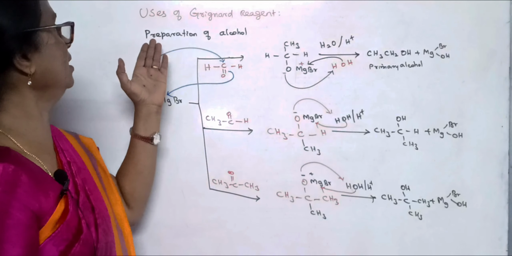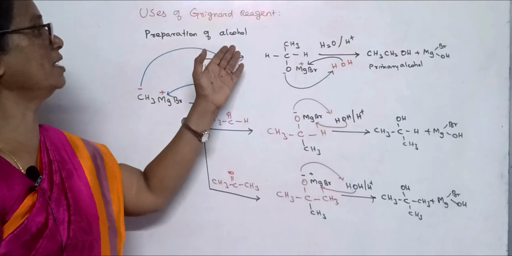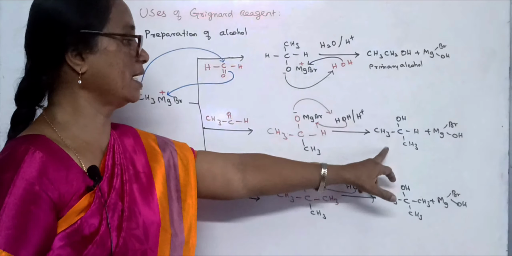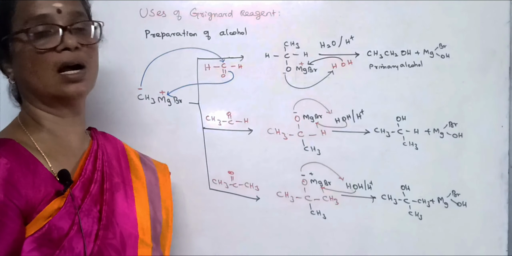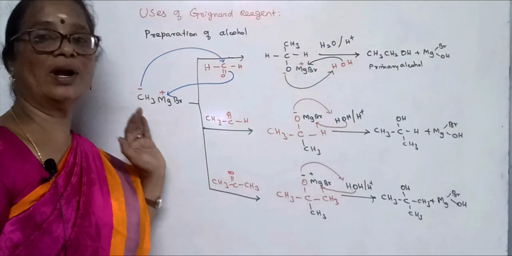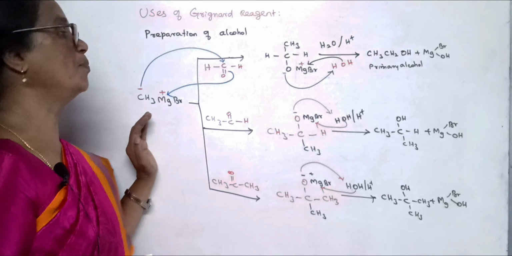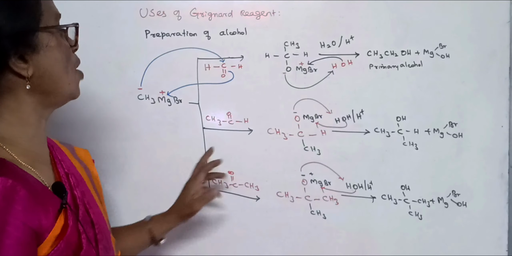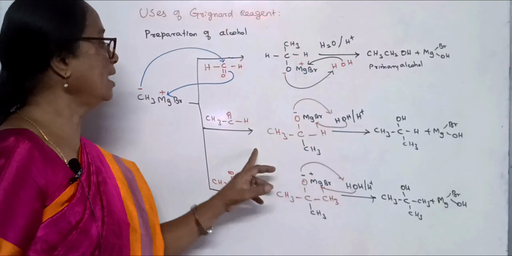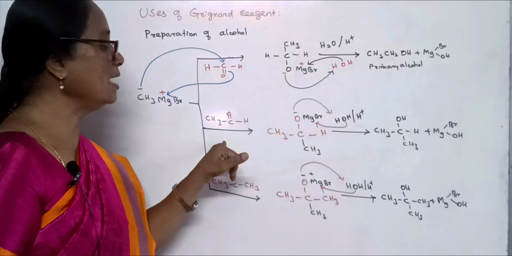The first one: it is useful for the preparation of the three classes of alcohol: primary, secondary and tertiary alcohol. And these three classes of alcohols are prepared only from carbonyl compounds. Out of carbonyl compounds we have aldehydes and ketones. In aldehydes, we have formaldehyde and acetaldehyde.